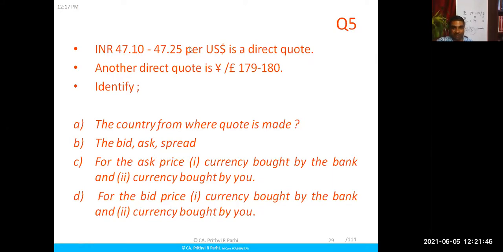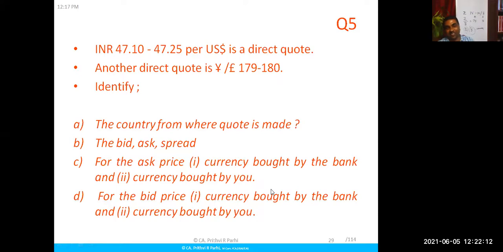So this is rupee by dollar. But it is talking about the ask price. Ask means it is the selling price, that is the selling price of the dollar. But the question is asking for the currency bought by the bank. That means the bank is selling dollar, but what is the bank buying? Rupee. The bank is buying rupee. Understood what the question is asking? If you are talking about the ask price, the question is asking what the bank is buying.